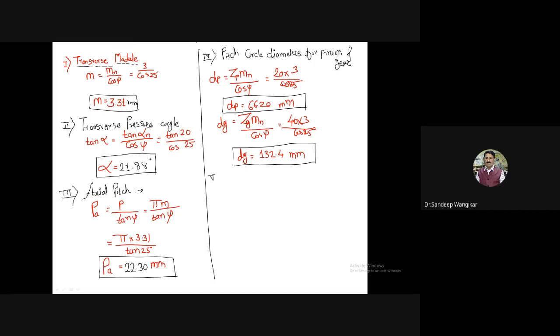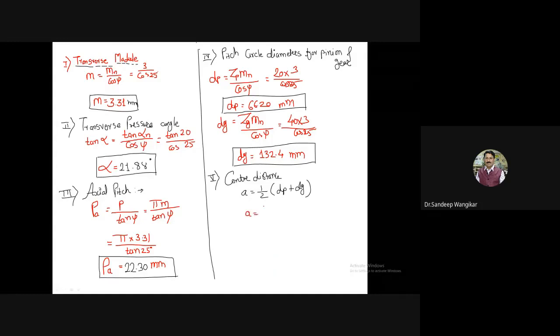Now, before taking addendum and dedendum, I will calculate the center distance. Center distance is given by A is equal to 1 half into dp plus dg, very simple. It is the pitch circle radius for gear plus the pitch circle radius for pinion, and addition of these two will give you this.